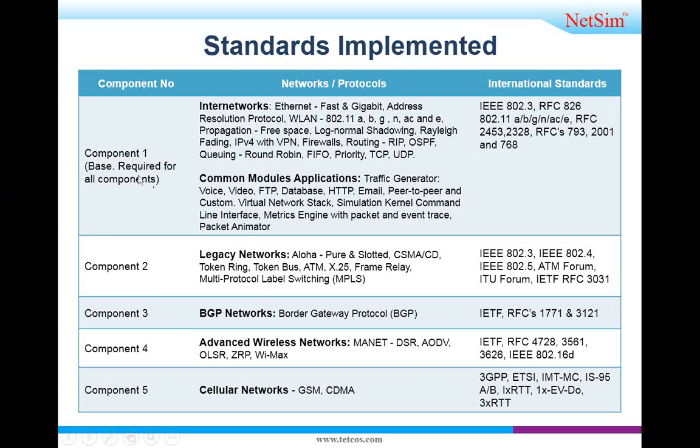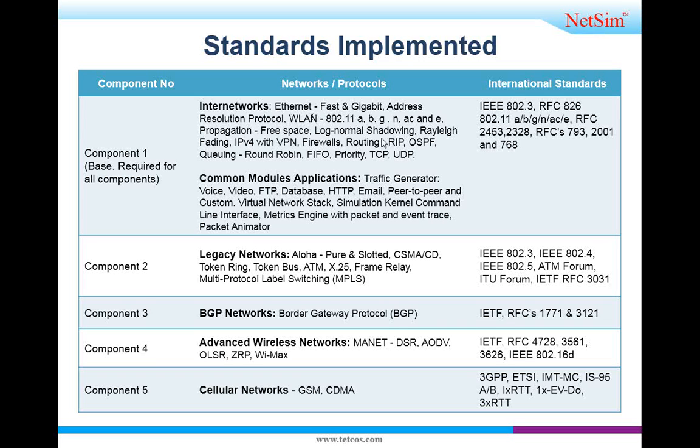Here we can see component 1 is the base component required for all the components. It has internetworks, which include Ethernet, fast and gigabit, ARP, and wireless LAN with the 802.11 a, b, g standards.